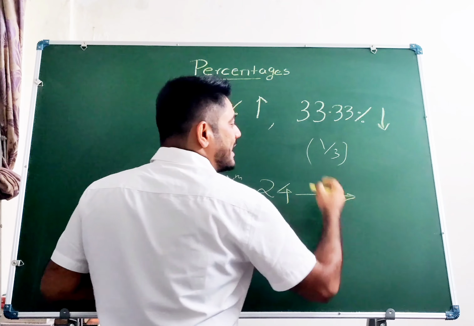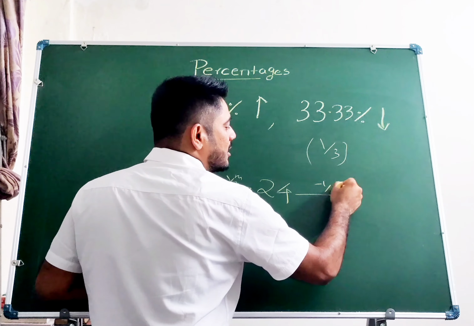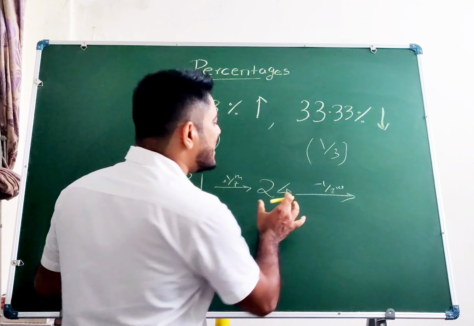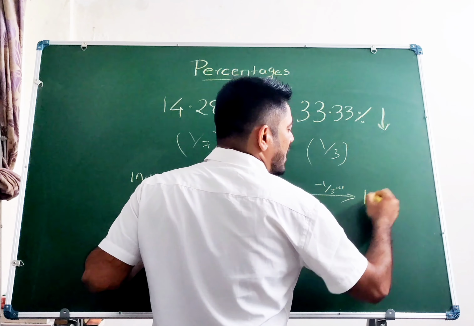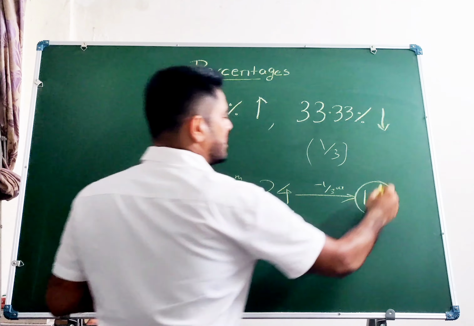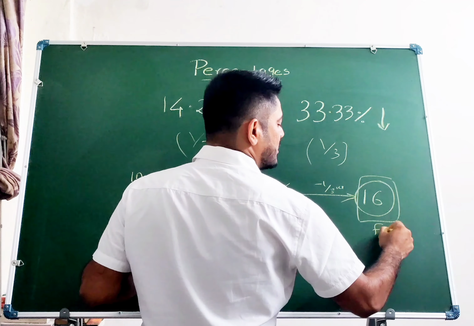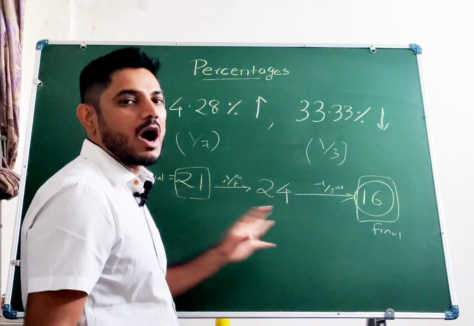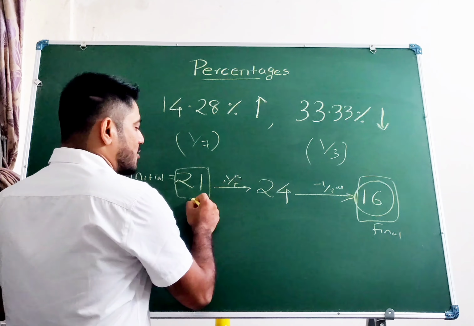Now decrease it by 1/3. So 1/3 of 24 is 8. Decrease 8. Remove 8. Our final value is 16. This is my initial. This is my final. Now, if you observe, my final value has decreased by how much? By 5 as compared to my initial.